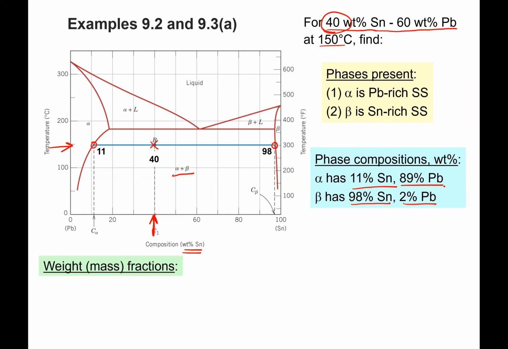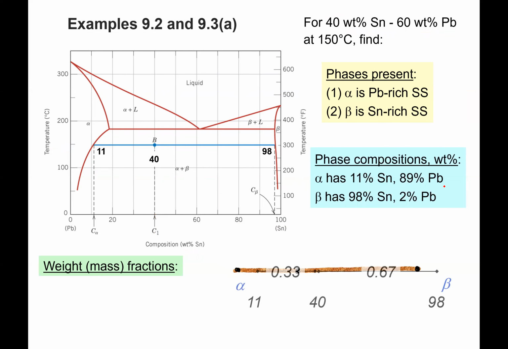And now what we want to do is look at the mass fractions. So how much alpha and how much beta do I have as a fraction? First thing I'm going to do is trace out my tie line across there just to make things a little bit easier for myself. This is just a good habit to get into. And so I've traced it out.